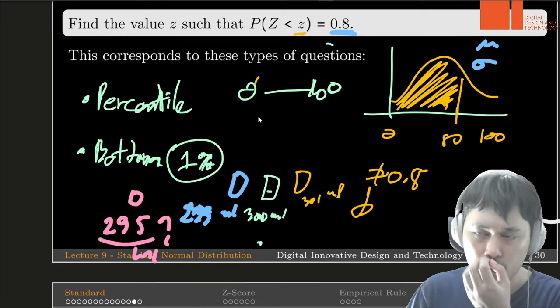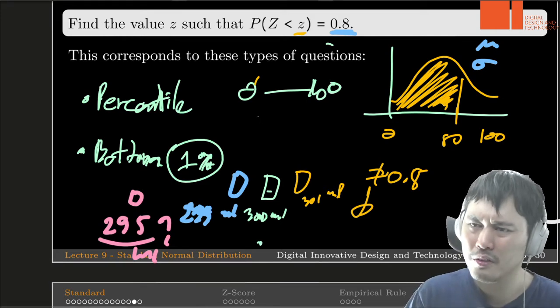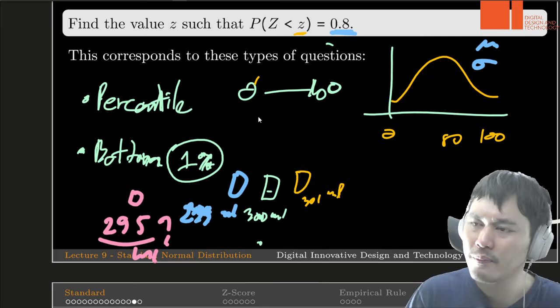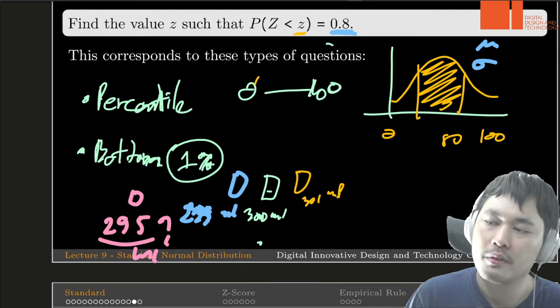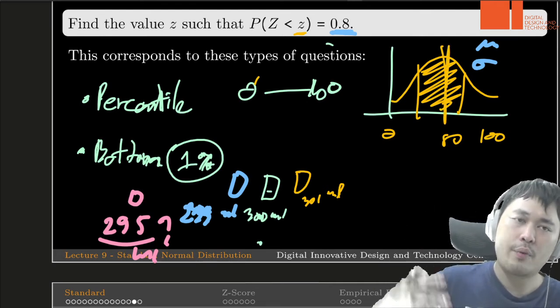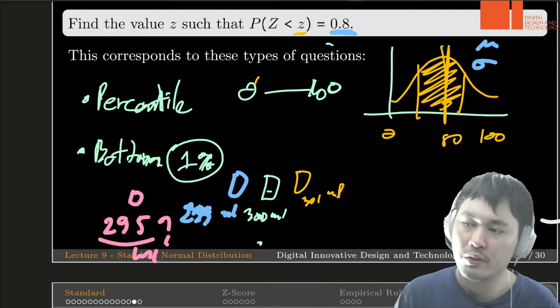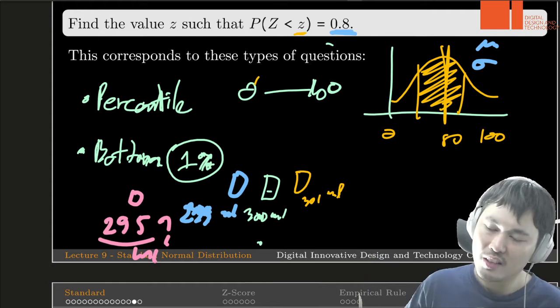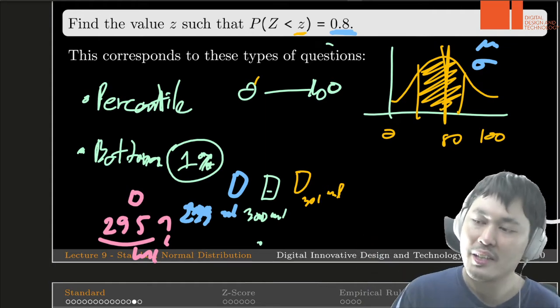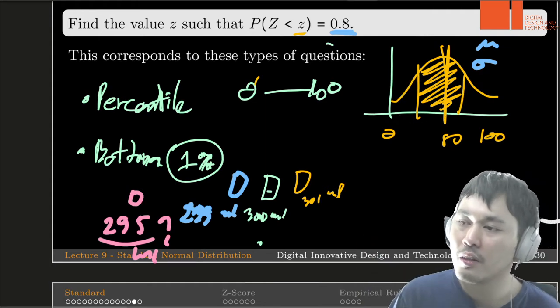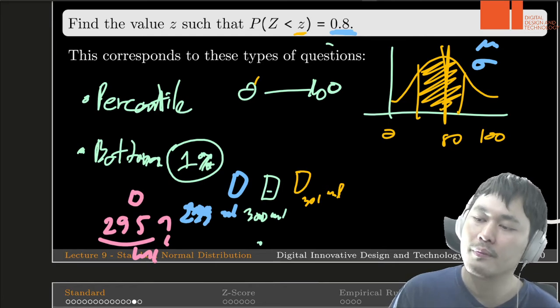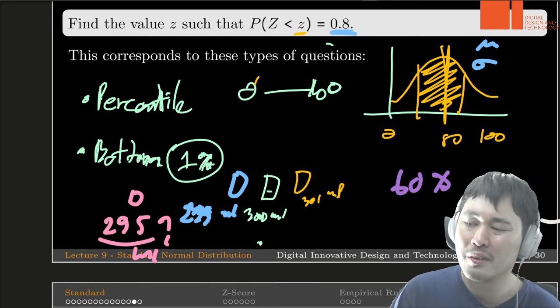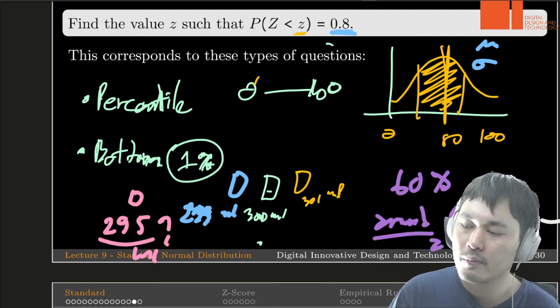Another question you might ask is about the center. If you know that part is the average, you may want to look at, let's say, 60% around the average.